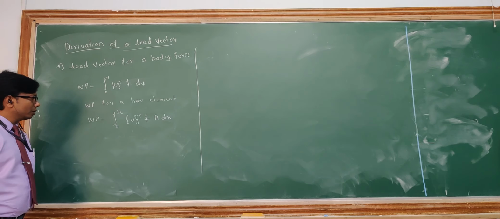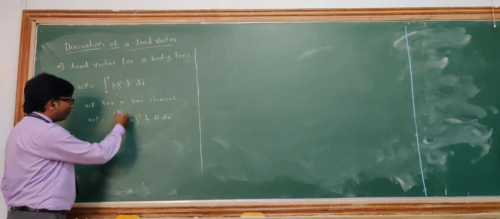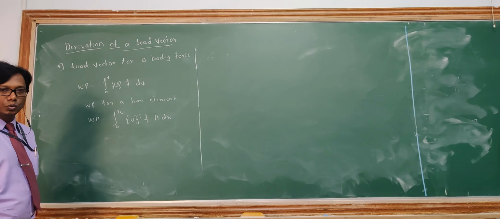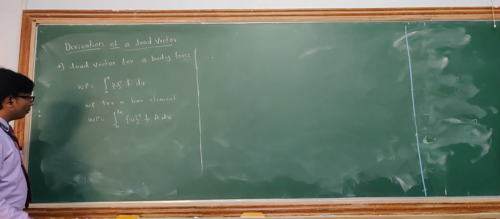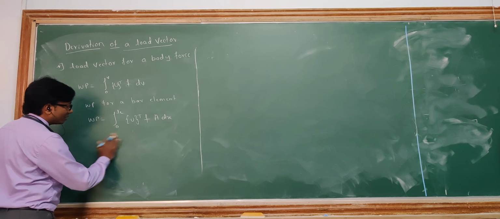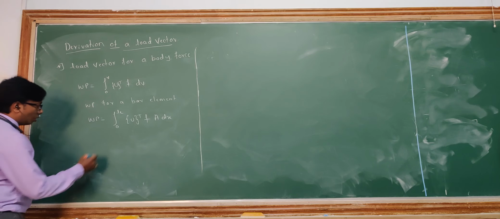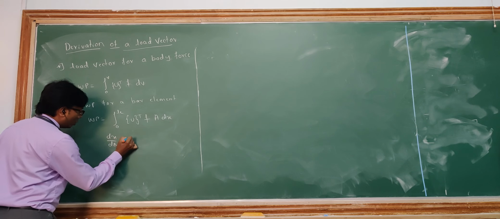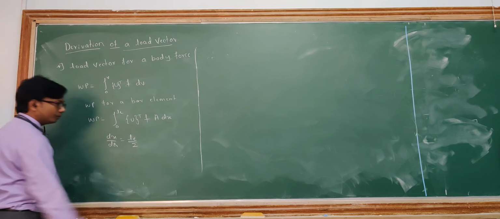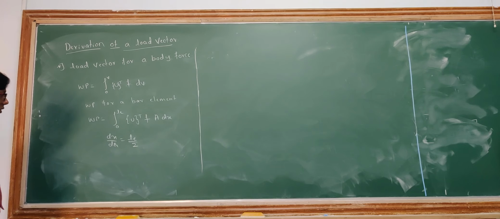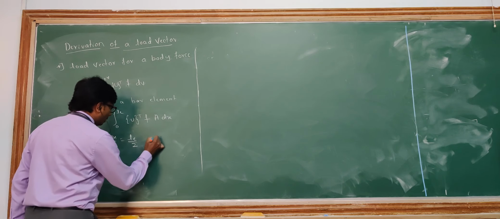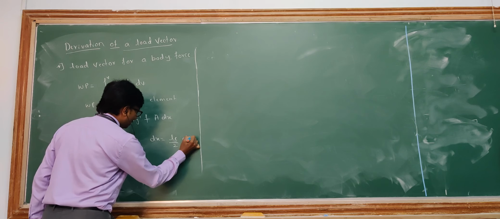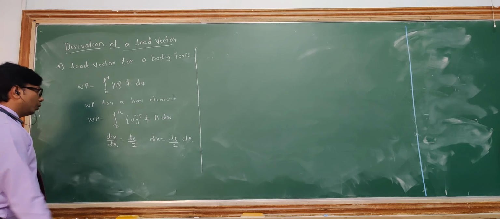Instead of substituting Le every time, I have limits of -1 to +1. From your previous stiffness matrix derivation, dx by d zeta is equal to Le by 2, or dx is nothing but Le by 2 into d zeta.